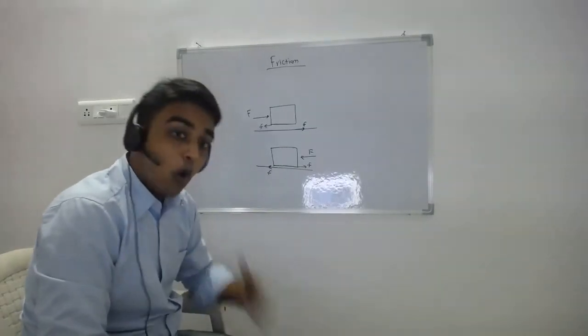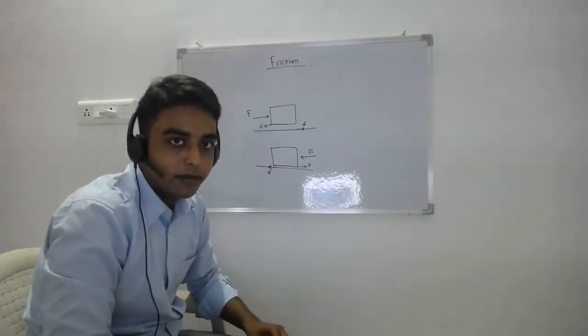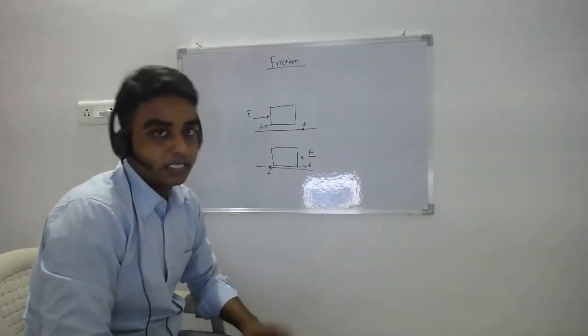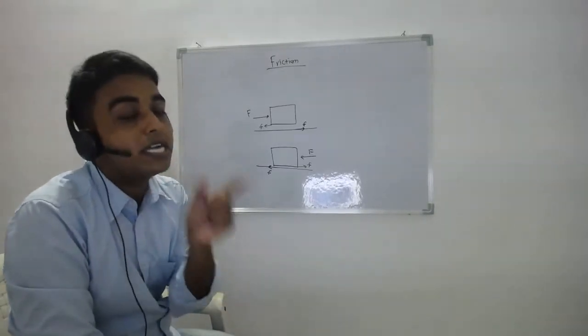Direction of friction is always along the contact surfaces. That's the important thing to remember. Always. So what you have to do is find out the contact surfaces.